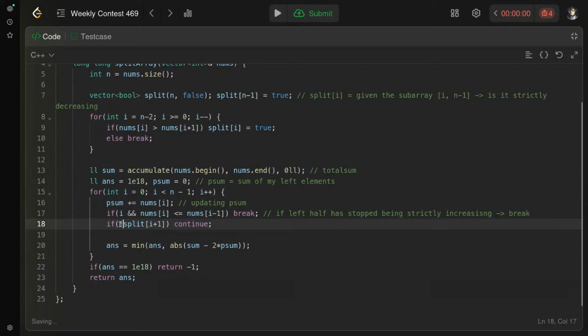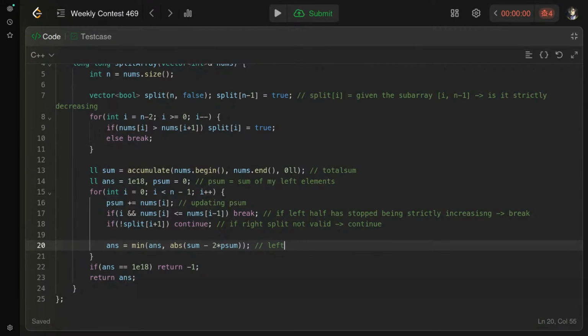And also, if my right half is not valid, so if split of I plus 1 means the right half is strictly decreasing, so if that's not valid, if right split is not valid, continue, right? Otherwise, both are valid. In that case, my answer is simply the minimum of answer and left sum minus right sum, right?